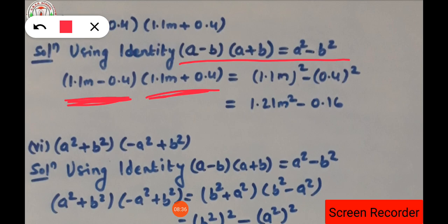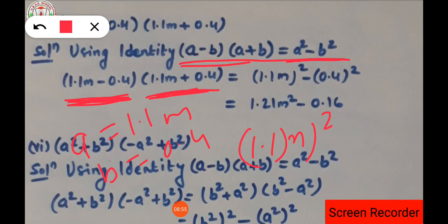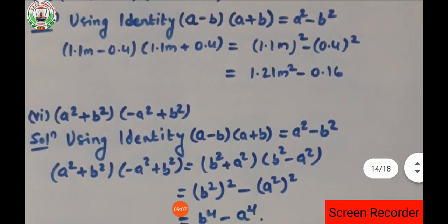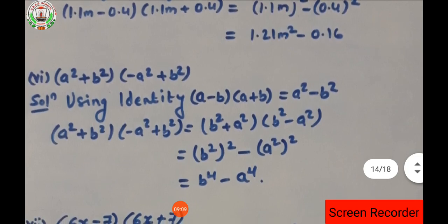So this question is in the form of (a - b)(a + b), so we can write it as a square minus b square, where a value is 1.1m and b value is 0.4, isn't it? So (1.1m) the whole square minus (0.4) the whole square. While multiplying the numbers, we get the answer as 1.21m square minus 0.16. Clear?